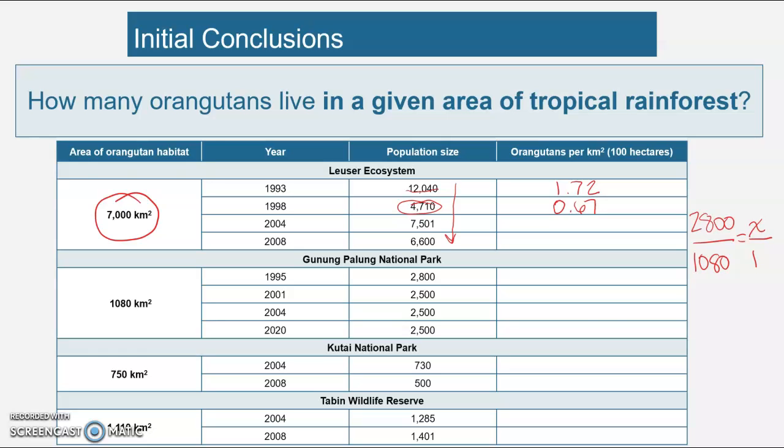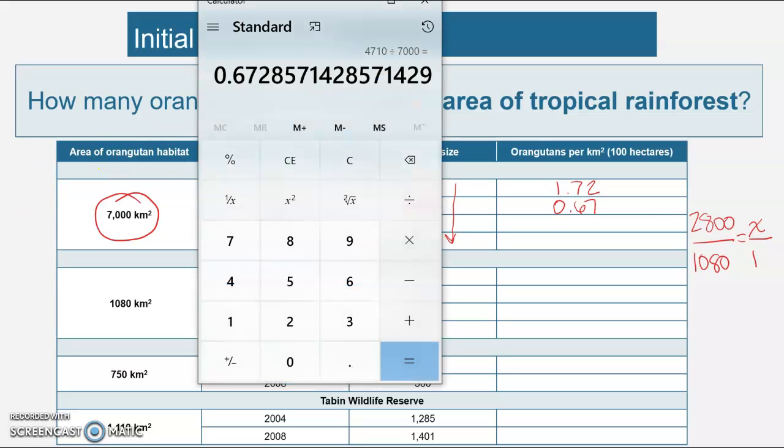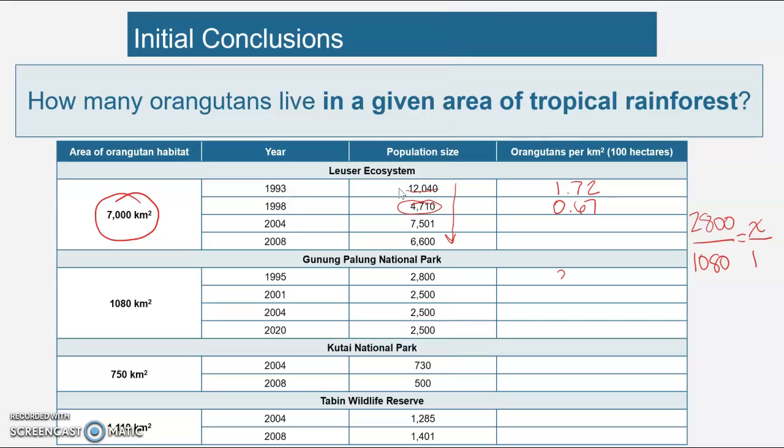Let's divide that one out too, right? 2,800 divided by the area. Holy cow. 2.59. I got over 2.5 orangutans per square kilometer.